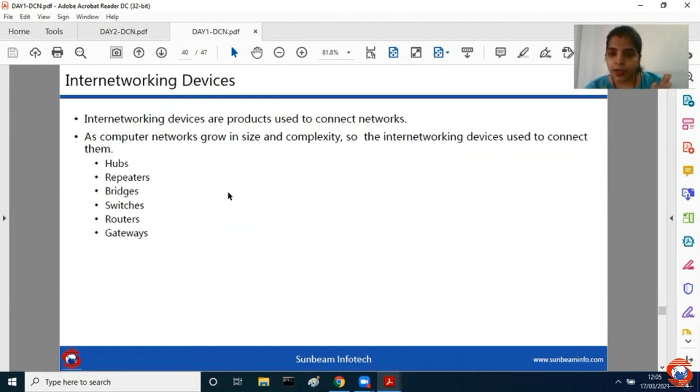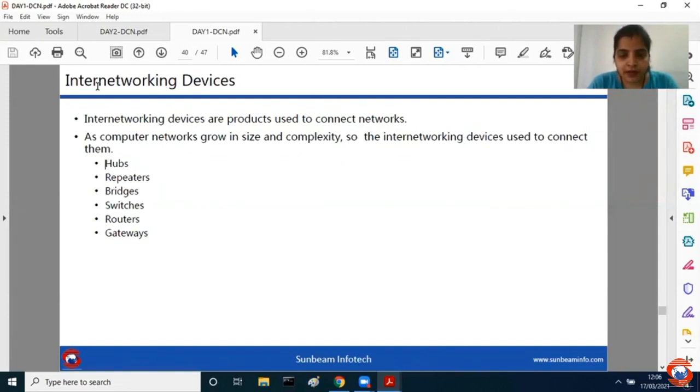This is called device to device connectivity and network to network connectivity. When a router is connected to different devices, you are connecting a device with other devices. Every device has its own purpose and its own capacity, and accordingly these internetworking devices work for us.